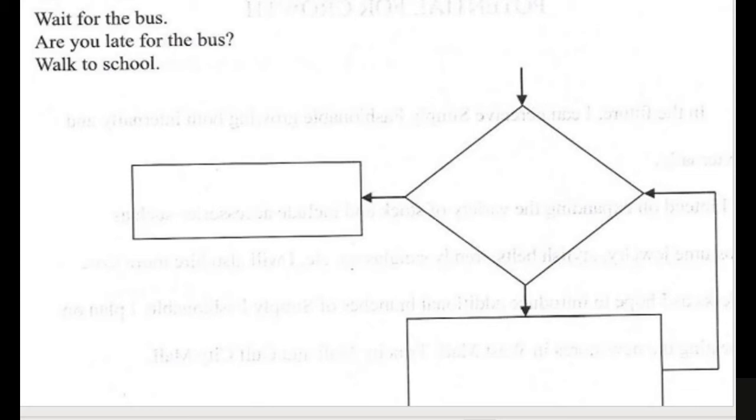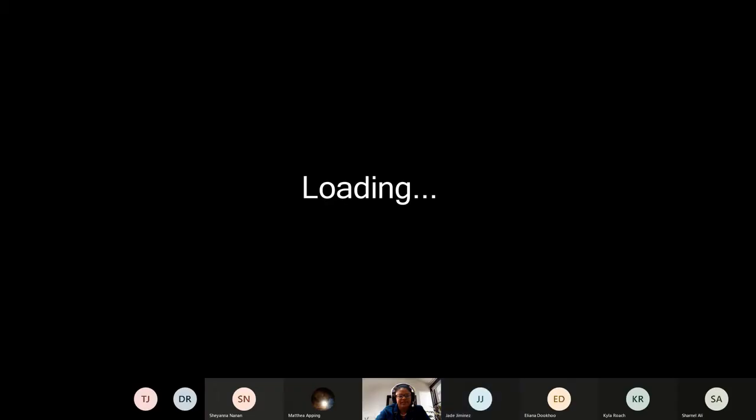On the left would be walk to school. So if I'm late for the bus, yes, walk to school? Yeah. And what about the other side? The other side would be no. Then the rectangle underneath will be wait for the bus. All right. Okay.